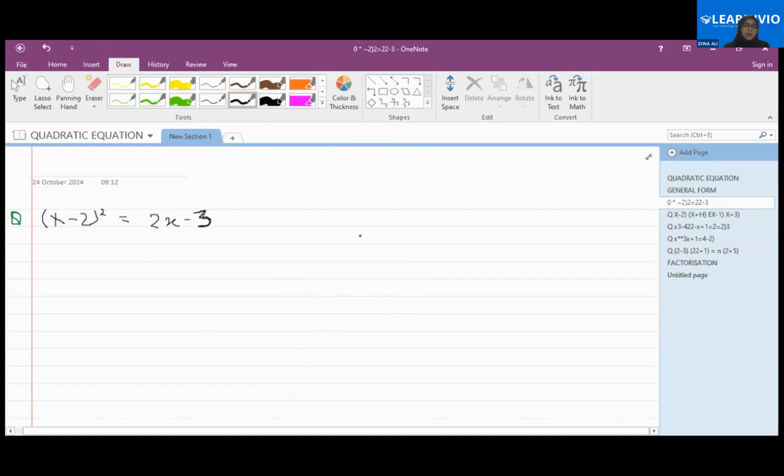What is the value of x minus 2 whole square? Yes, the formula was a minus b whole square is equal to a square plus b square minus 2ab. Now put the value and give me the answer for this x minus 2 whole square.